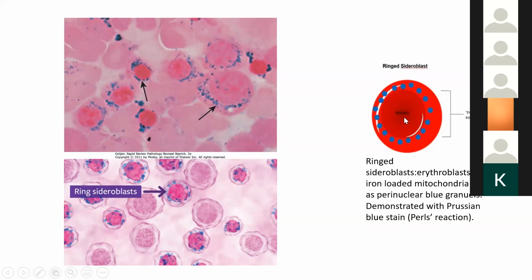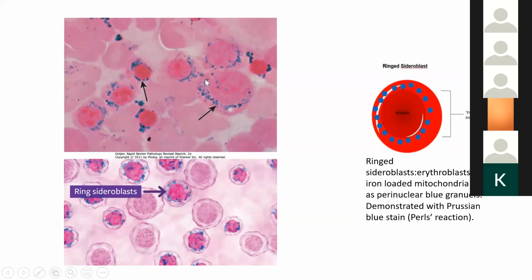Now, we need a special stain in order to see these ringed sideroblasts, and the stain is Prussian blue stain, or Pearl's reaction. And on the right, you can see images of a bone marrow, because the bone marrow is where we're going to see these developing red cells. This bone marrow has been stained with Prussian blue stain, and you can see these blue round dots around the nucleus of these developing red cells.